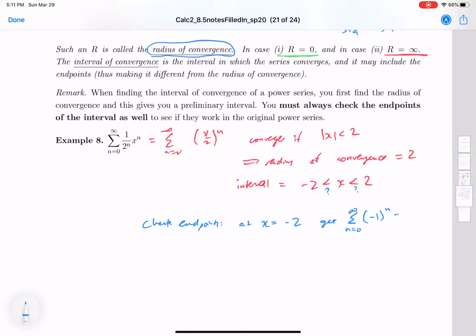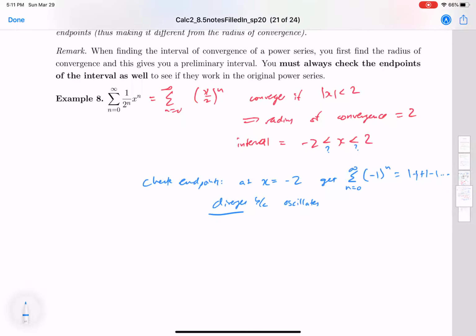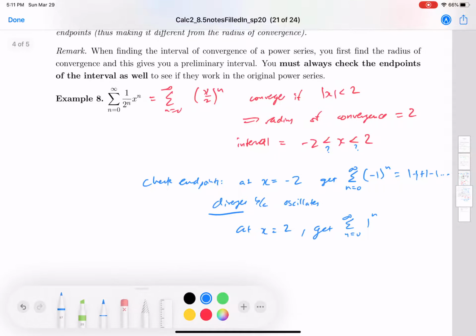And this is going to be like 1 minus 1 plus 1 minus 1, etc. That diverges because it oscillates. So it's always going to be 1 or 0, and then 1 or 0 when you add up the partial sums. It's never going to settle down. And at x equals 2, you get the sum to infinity starting at n equals 0 of just 1 to the n. But of course, 1 to the n is just 1.